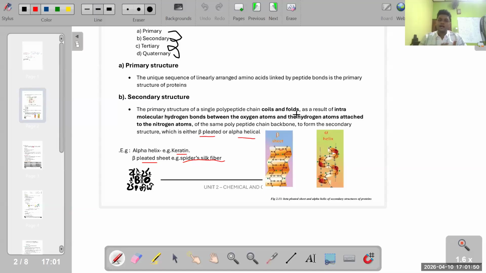They can ask what are the reasons for it to coil and fold. The reason is the intramolecular hydrogen bonds that are formed. Between what and what are the hydrogen bonds formed? Between the oxygen atom and the hydrogen atom of the nitrogen atom of the same backbone polypeptide chain. They can ask what are the two forms of secondary structure: alpha helical and beta pleated. Examples: keratin, spiral cells. That's it. They can't ask further. Those are the maximum questions they can ask.